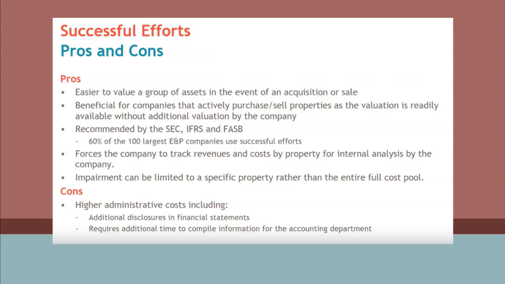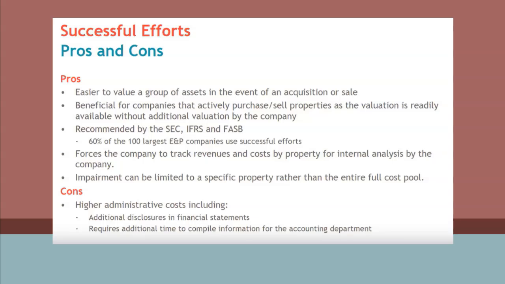This is recommended by the SEC, IFRS, and FASB. Actually, under IFRS, accounting for oil and gas is very similar to successful efforts. Full cost is not a recognized method of accounting under IFRS.